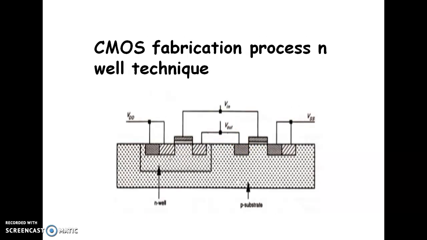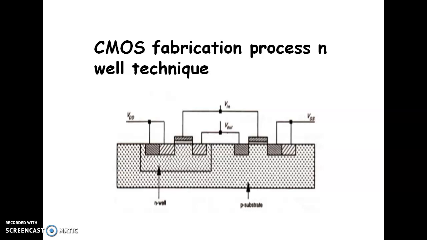So coming to the N-well technique. N-well circuits are superior to P-well because of lower substrate bias effects on transistor threshold voltage and inherently lower parasitic capacitances associated with source and drain regions. So the P-well process is widely used.